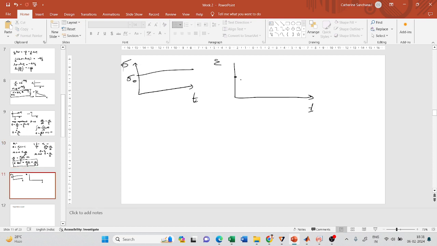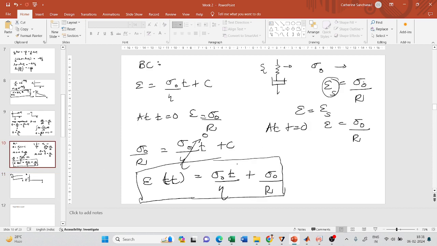Now, this is a linear equation in t, and sigma naught divided by r is my intercept.